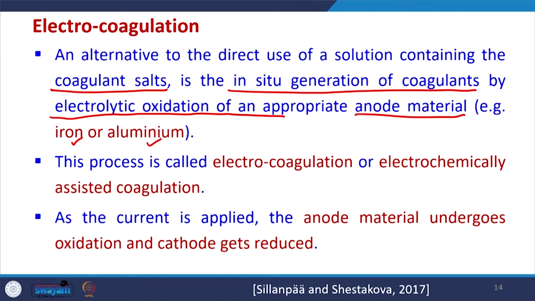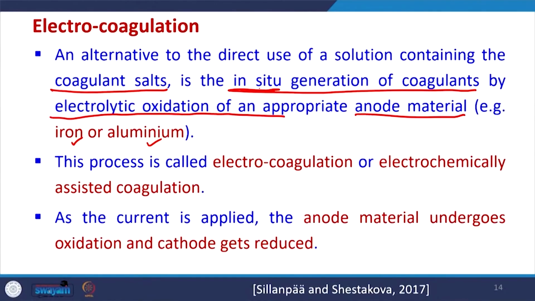So, depending upon the type of electrode material we use, the pH and also the voltage which is there, we generate this electrode material in situ, because from the anode iron and aluminum will slowly leach. Once it goes into the solution, the coagulation will work.